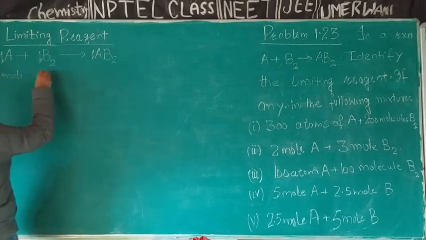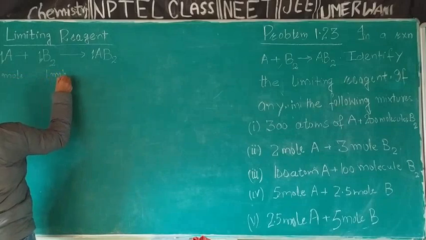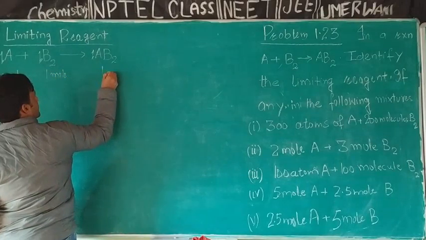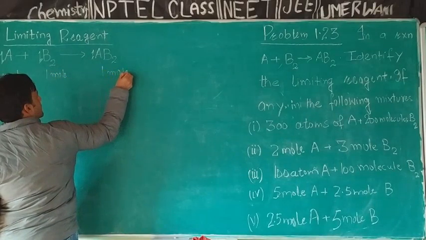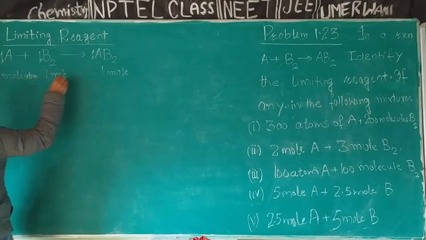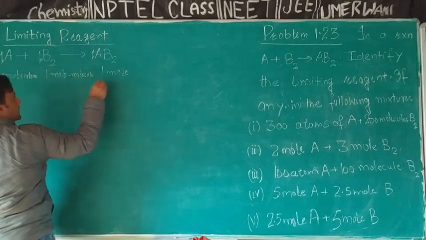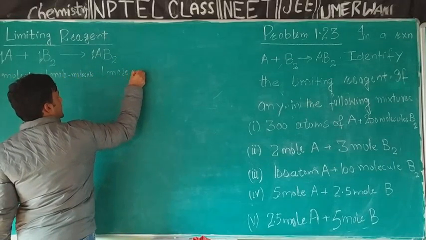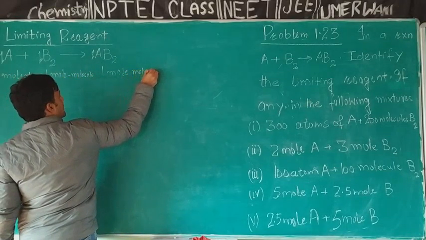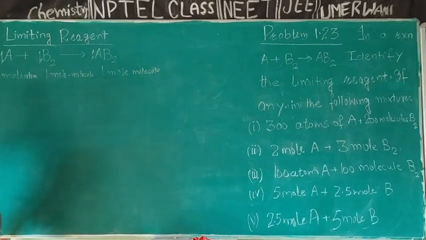For A 1 mole, for B 1 mole, and for AB2 1 mole. For A we can write 1 mole atom because it is atomic. For B2 we can write 1 mole molecule because it is molecular. Here we can also write 1 mole molecule because it is molecular.